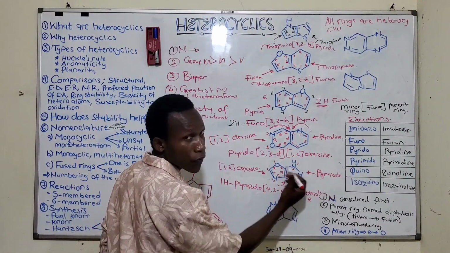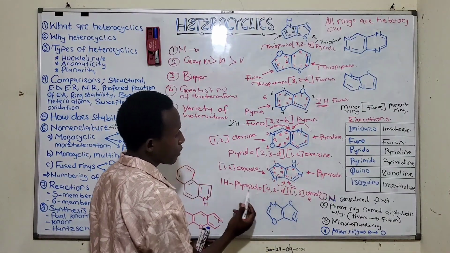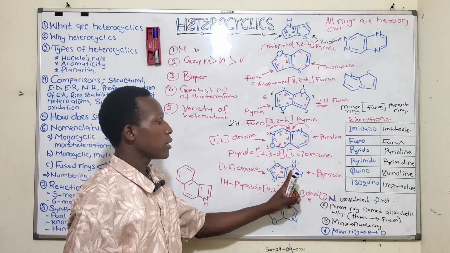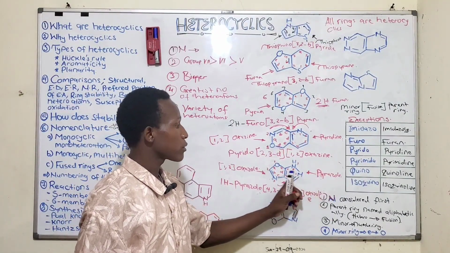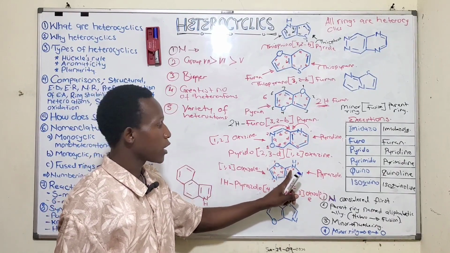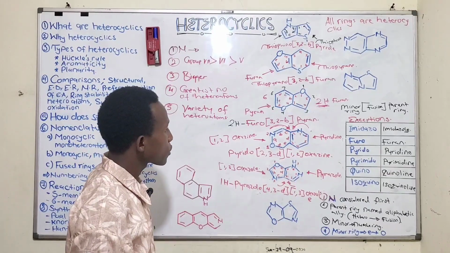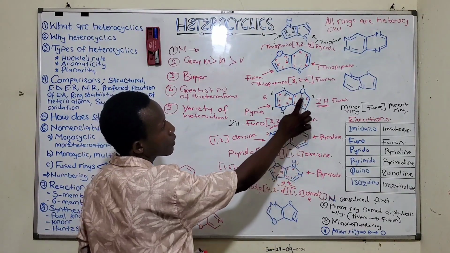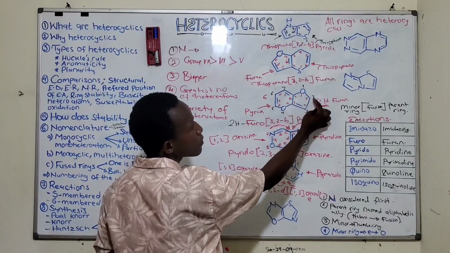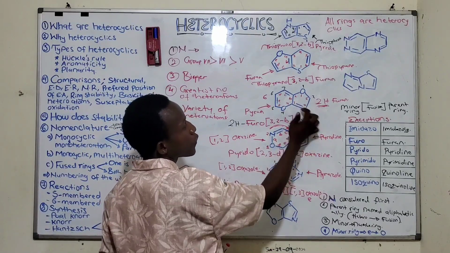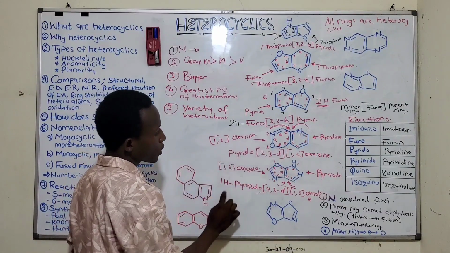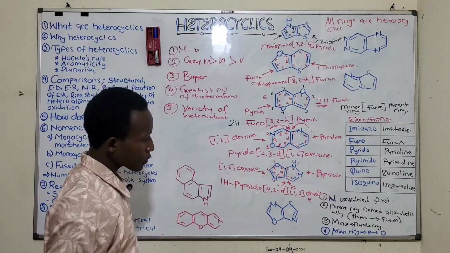This was position 1 before fusion. So 1H pyrazole. You give the position of the saturated atom first for the saturated nitrogen. But here we give it after fusion, the number in the whole system, which is position 2. Even before fusion it was position 2. So 2H, then pyrazole.